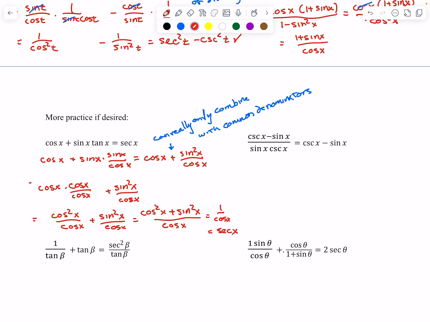Next one, what do you think of this one? Ooh, look at the numerators. Is it possible that we're dividing by 1? Yes, it is, because what's cosine times cosecant?